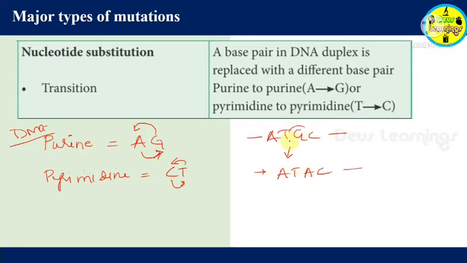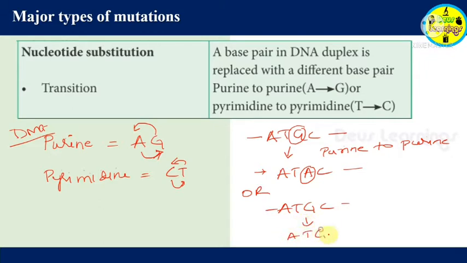So here G was changed to A, so purine to purine. Or let's take the same example, A, T, G, and C. If it becomes A, T, G, and T, for instance, so C is replaced by T. If such things happen, that will be considered a transition.